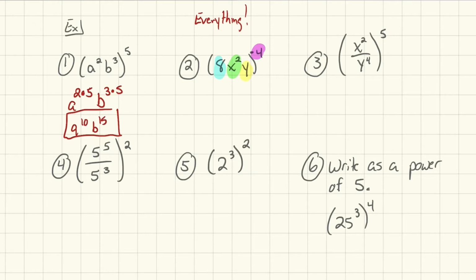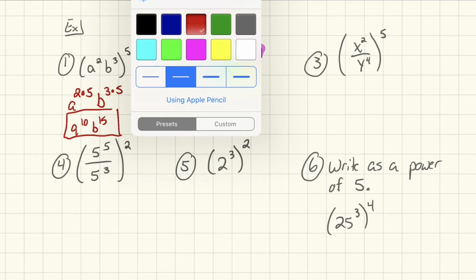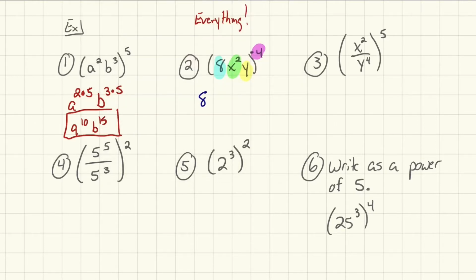That's okay. So, when we take these and we raise everything to our powers, we end up getting 8 to the negative 4. We get x to the 2 times negative 4, and we get y to the negative 4. And we get that because, especially in that last term, remember that the exponent that's there is a 1. And a lot of times in math, we forget that the 1 exists there. So we can take care of that.